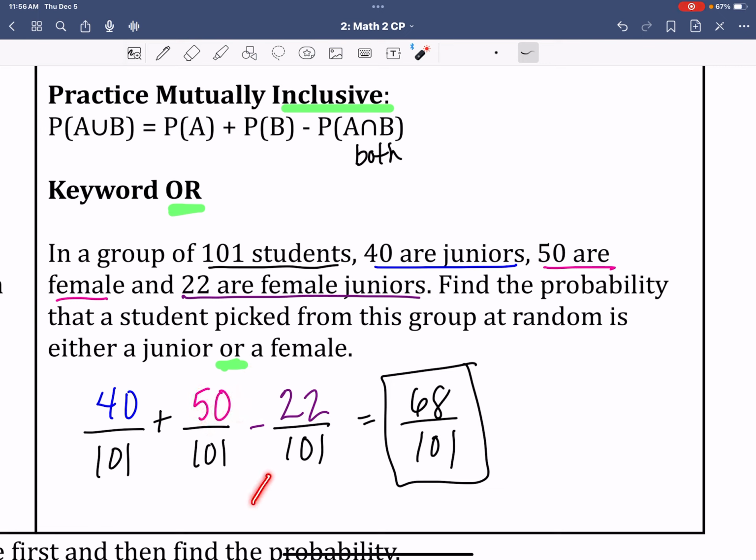Now, this is the part where it overlaps or repeats, so we need to subtract that part. Here we have female juniors, the part that repeats, and that's why we're taking that out. They all have common denominators, so you're good there. Just add 40 plus 50, which is 90, take away 22, and you'll get 68 over 101 as a probability.